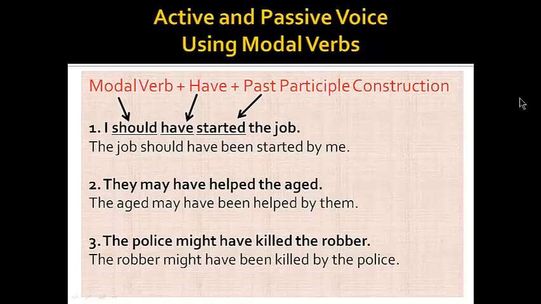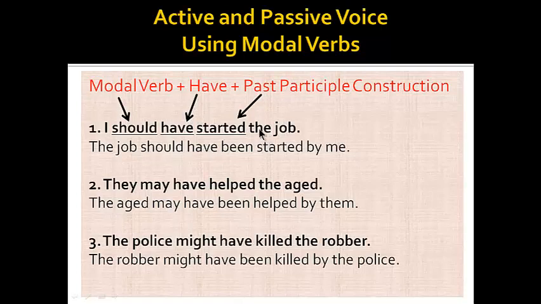Modal verbs are also used in another form. In some sentences you will see have with modal verbs. For example, look at this sentence, I should have started the job. The structure of this kind of sentence is that we have a modal verb, we have, and the past participle form of the verb.